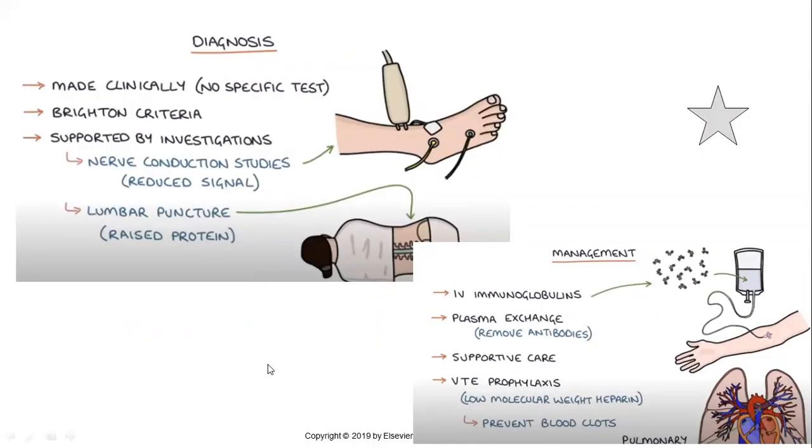Now we are going to talk about the diagnosis and treatment. Basically, Guillain Barré is diagnosed clinically. There is no specific test. And we should also follow the Brighton criteria. The clinical diagnosis is supported by some investigations, like nerve conduction studies and lumbar puncture.